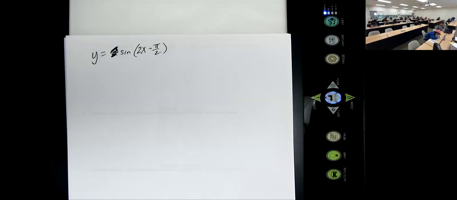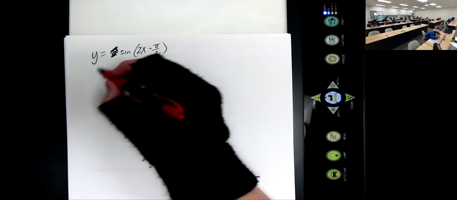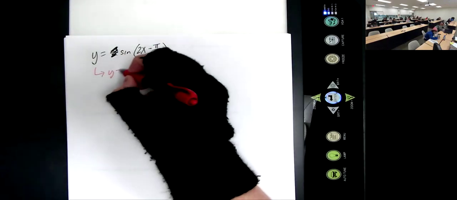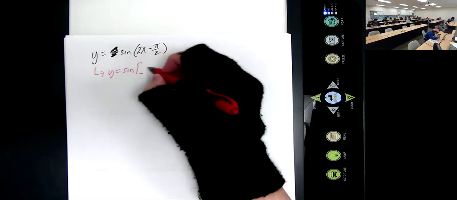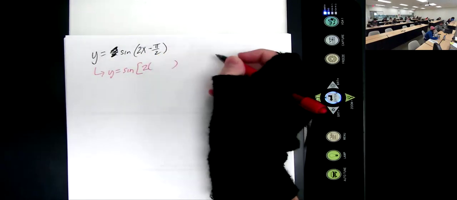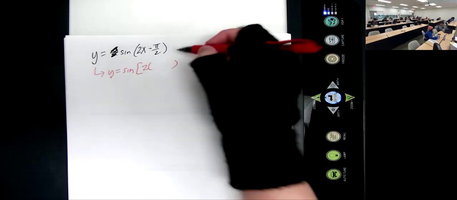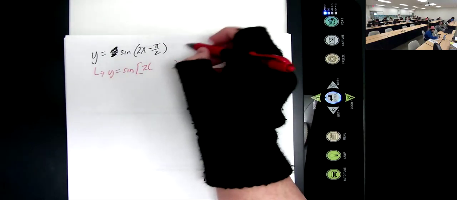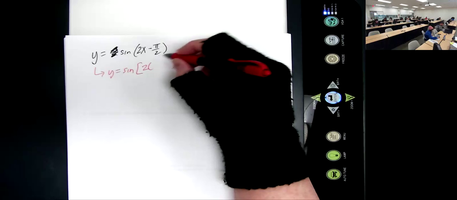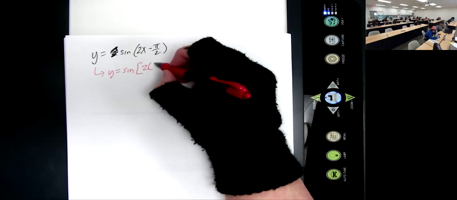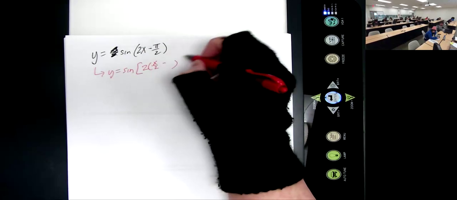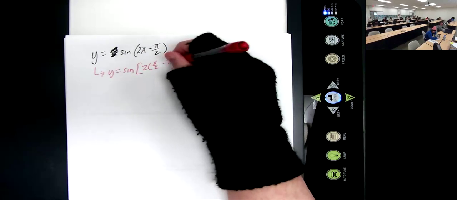When you have something like this, you really want to rewrite this where you factor out the 2, which means divide or multiply everything on the inside by 1/2. If I did x times 1/2, I'd have x over 2. If I did pi over 2 times 1/2, I'd have pi over 4.